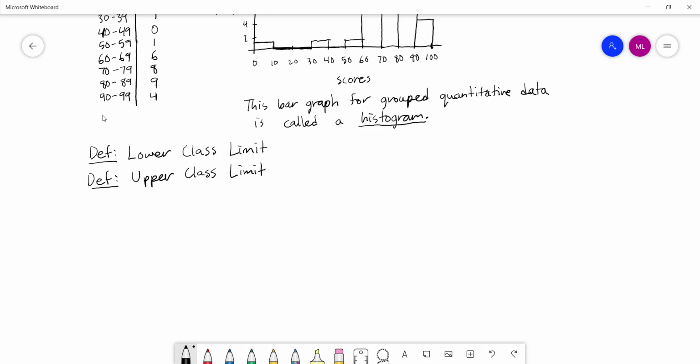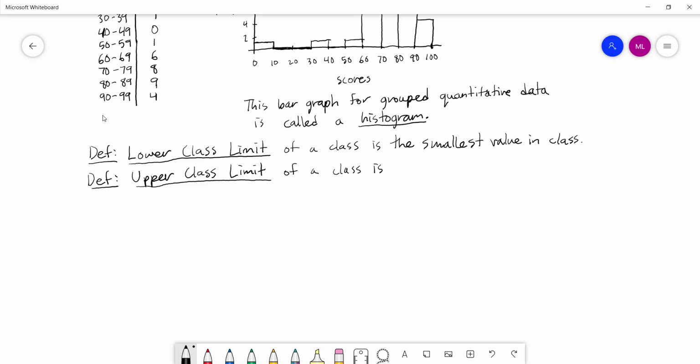The lower class limit of a class is just the smallest value in that class. And the upper class limit of a class is, hopefully obviously, going to be the largest value in that class.